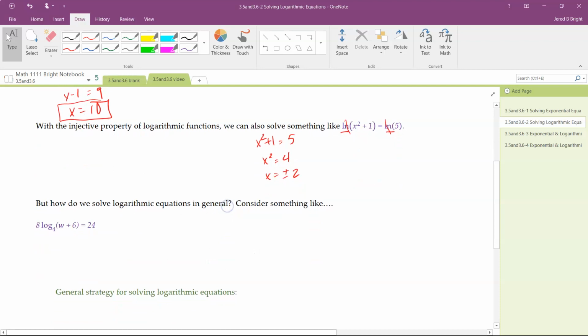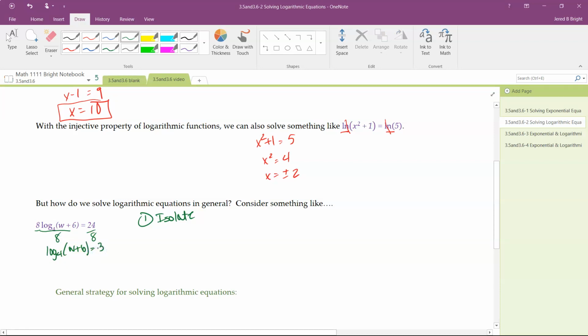To do that, though, I need the logarithmic function completely isolated. So that is to say divide both sides by 8 first in this example. Maybe step 1 is isolate. And then I end up with log base 4 of w plus 6 is equal to 3.